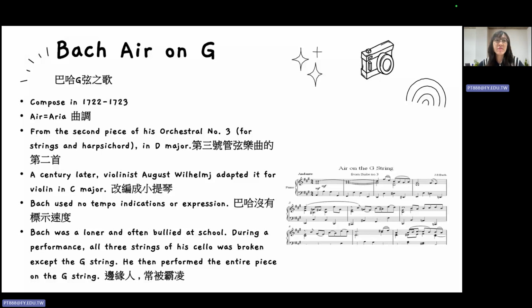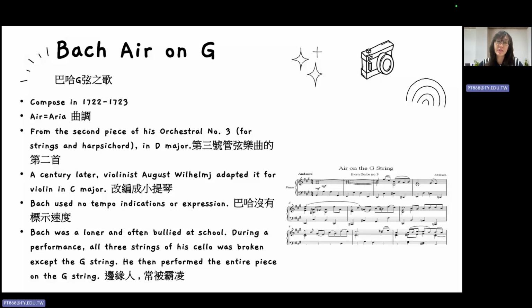So this piece was from the second piece of his Orchestral Suite number 3 for strings and harpsichord, and it was originally written in D major. However, a century later, there's a violinist named August Wilhelm. He adapted this piece for violin and then transposed it to C major.